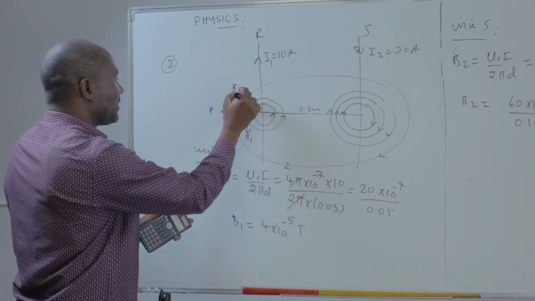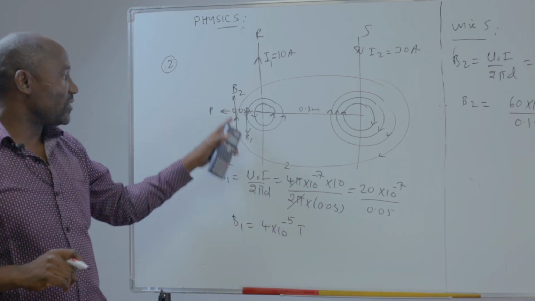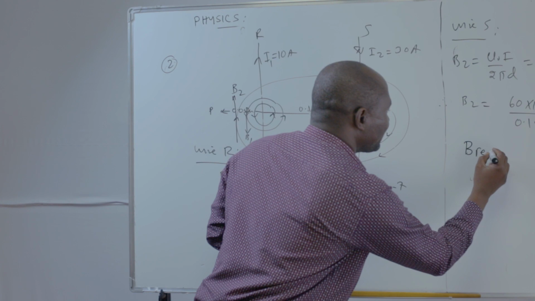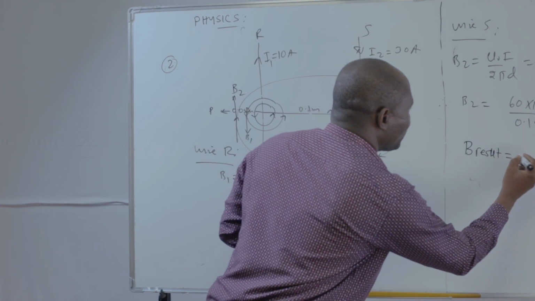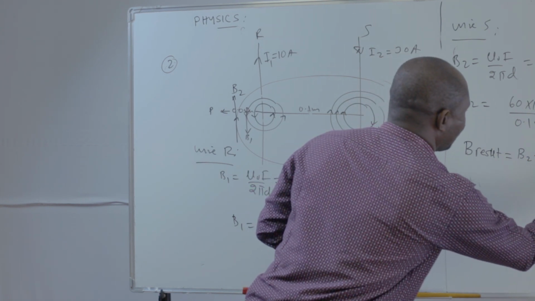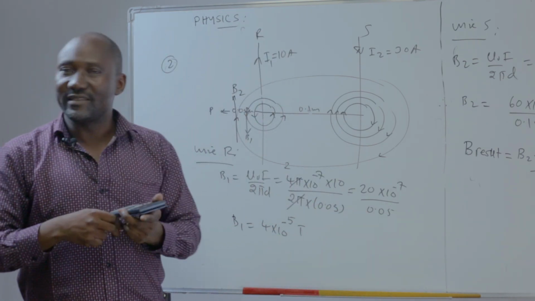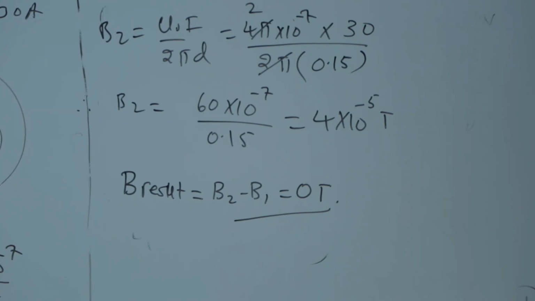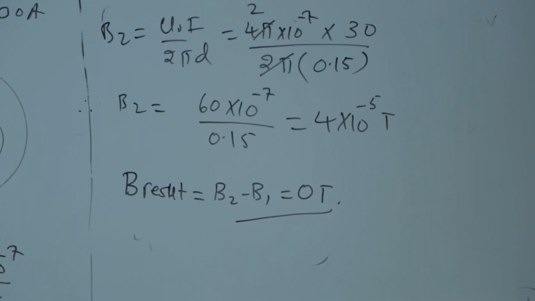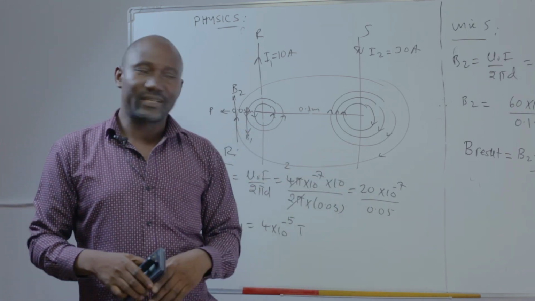Since the two are pointing in different directions, the resultant magnetic flux density equals B2 minus B1, giving us 0. That's where the magnetic fields cancel each other. So the magnetic flux density at a point 0.05 from R and 0.15 from S is 0, because the two magnetic fields cancel each other.